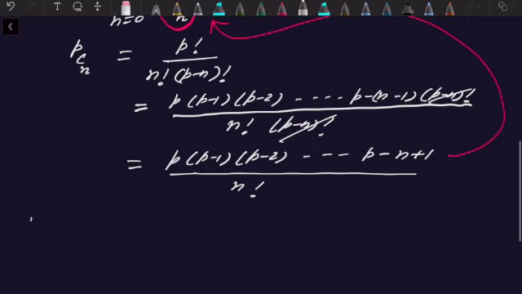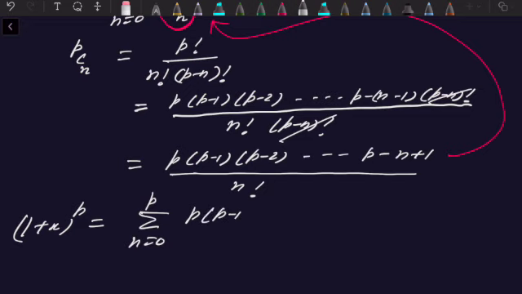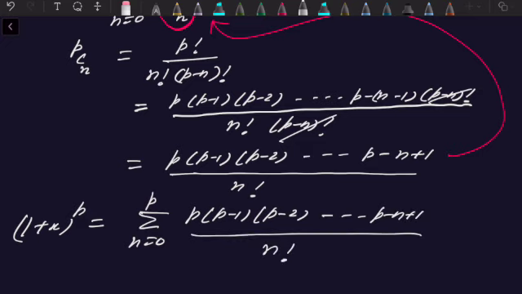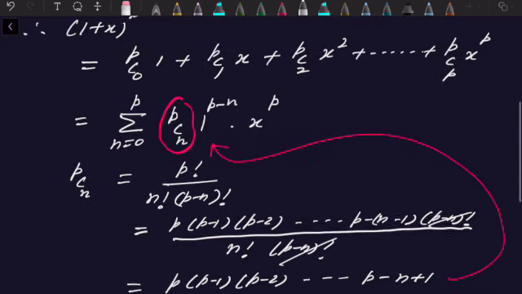So 1 plus x raised to power p is equal to sigma, n equal to 0 to p. When we plug this in, we will get p into p minus 1, p minus 2 and so on, p minus n plus 1, whole divided by n factorial into x raised to power n.